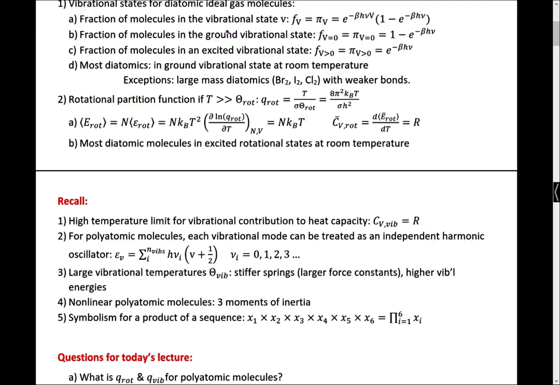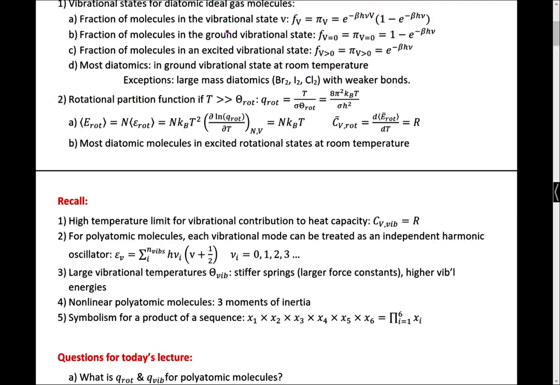So some things that we want to keep in mind. When we've talked about vibrational contributions, we've looked at two extremes. Low temperature, the contribution to the vibrational heat capacity is 0. At high temperatures, that goes to R. And of course, if I'm in between the two, we need to calculate explicitly what the value is.